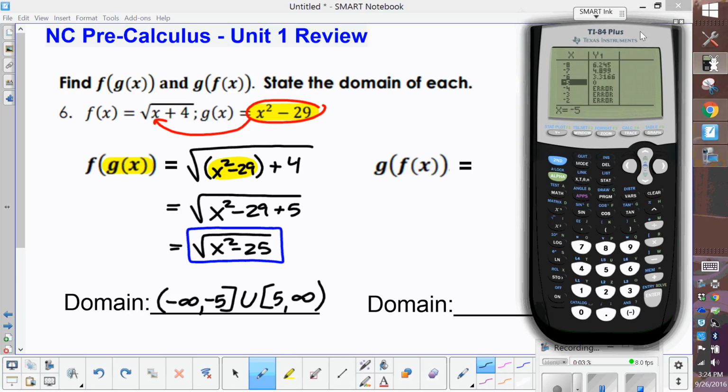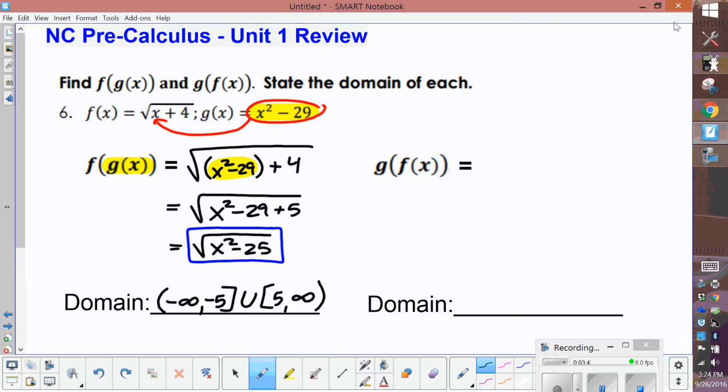Let me get rid of this calculator for a second. All right, this time I'm going to get rid of this and this, and I'm going to switch it. I'll highlight in a different color. f is on the inside. This square root of the quantity x plus 4 is associated with f.